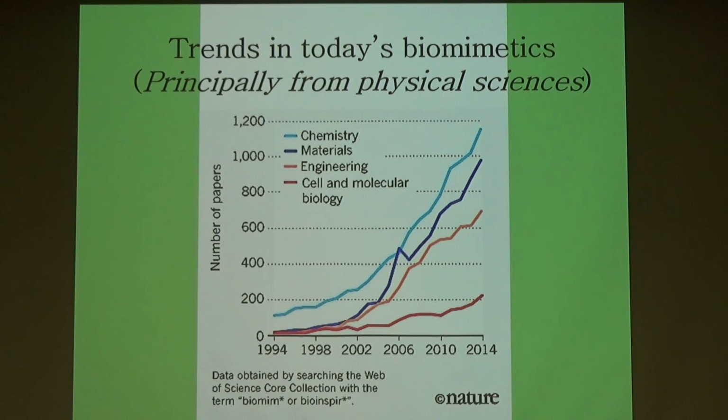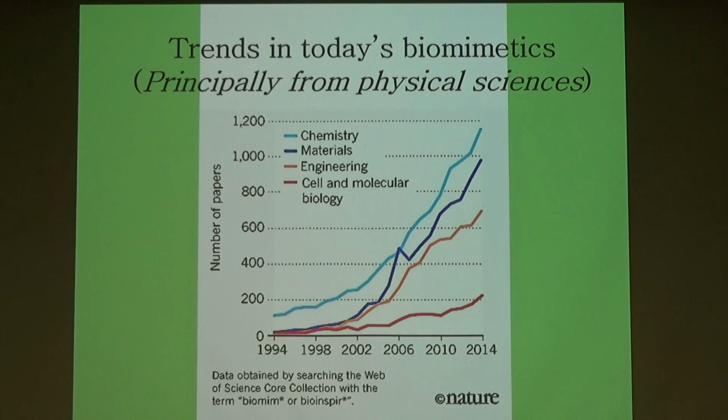This is another graph showing the trend in biomimetics. It shows the number of papers in the literature that mention biomimetics or have a biomimetic component to them. From 1994 to 2014, you can see the incredible exponential increase in interest in biomimetics, as determined by papers written about the subject in different key areas: the science area, in chemistry, materials engineering, and cell and molecular biology.